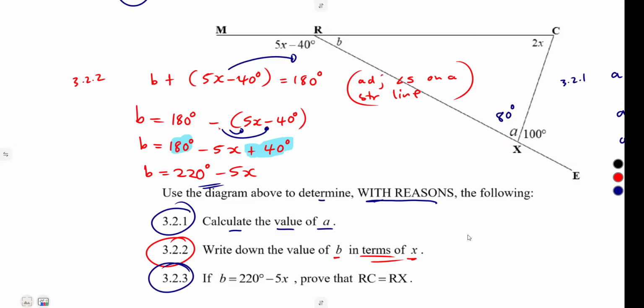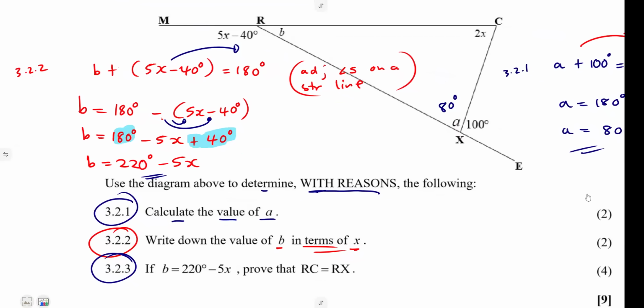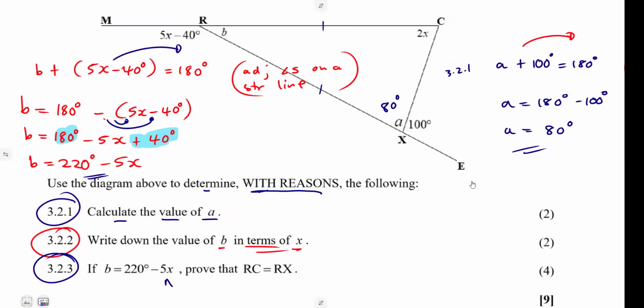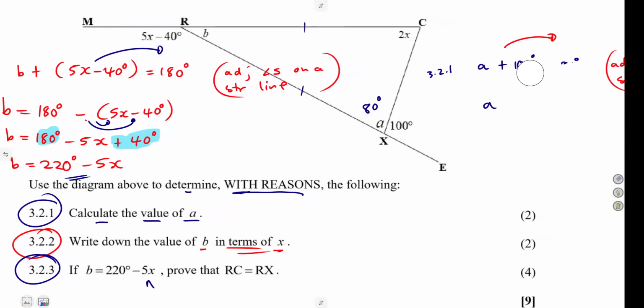And 3.23 is verifying that if this angle B is 220 degrees minus 5x, then prove that RC is equal to RX. We must prove that those two lines are equal.